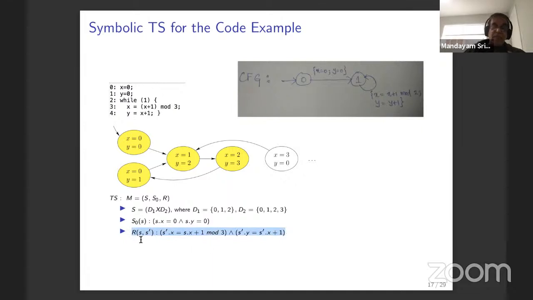So, given a current state S, this precisely specifies what the next state S prime can be.